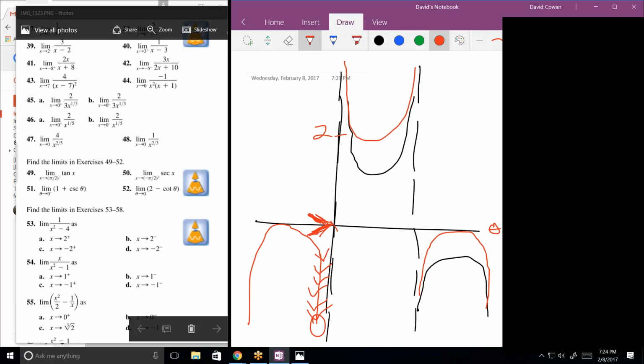You got to approach on the horizontal axis, but you got to read your limit from the vertical axis. Okay? So it only approaches 2 when I'm approaching this point right here, from the left or the right. If I were to approach this point right there from the left or the right, this function approaches 2.